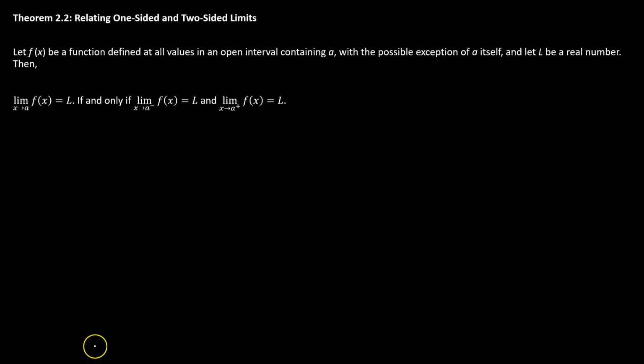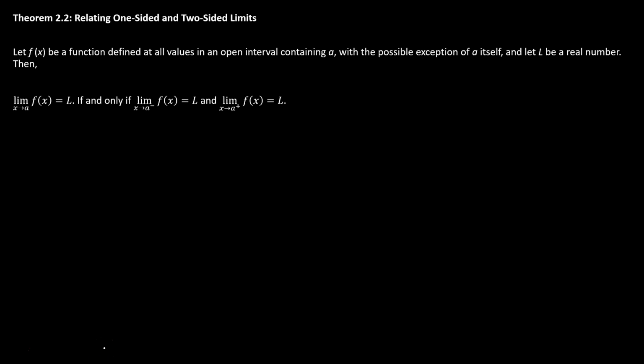Now that we know what a one-sided limit is, and we know what a two-sided limit is, we can make a connection between them. If we have a function f that is defined on an open interval, you're going to see that written over and over again, but that's just to make sure that we're talking about something that actually exists.